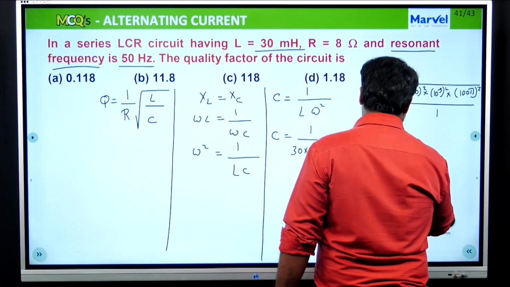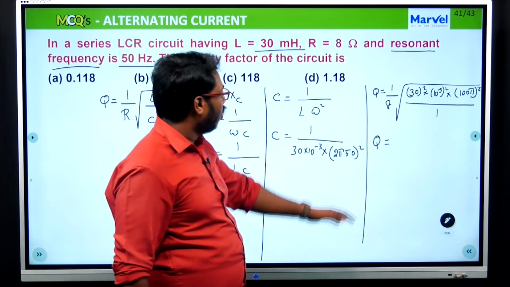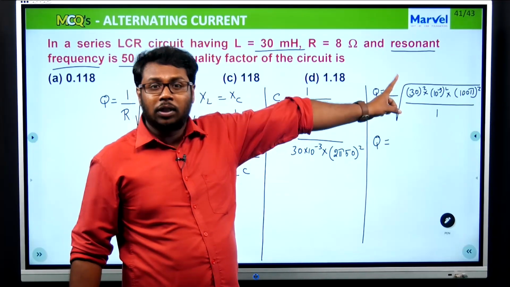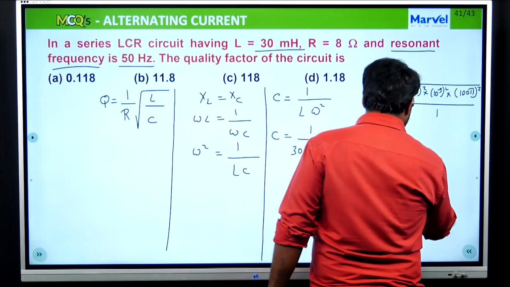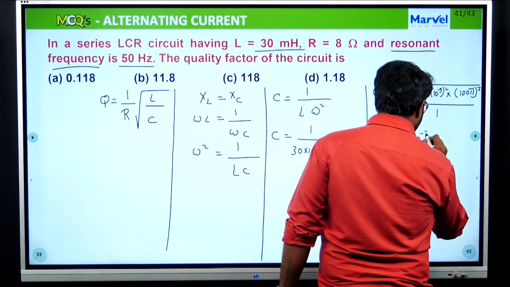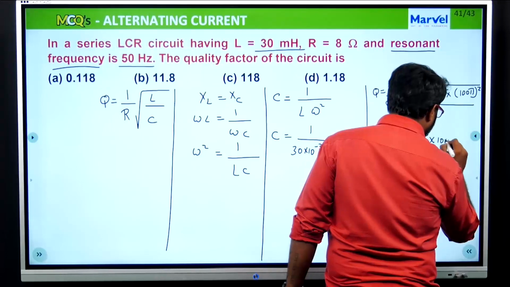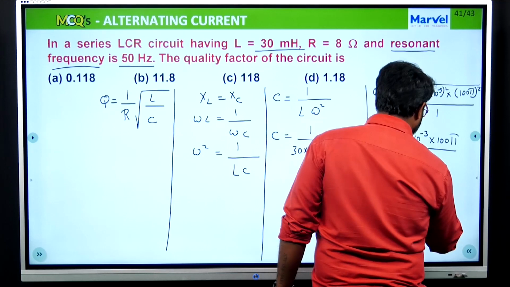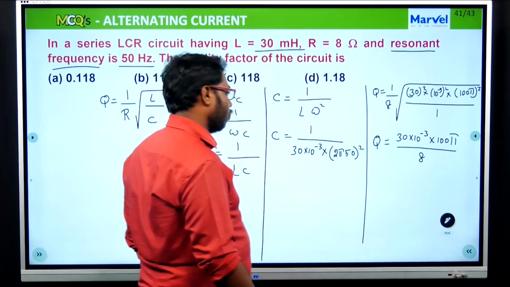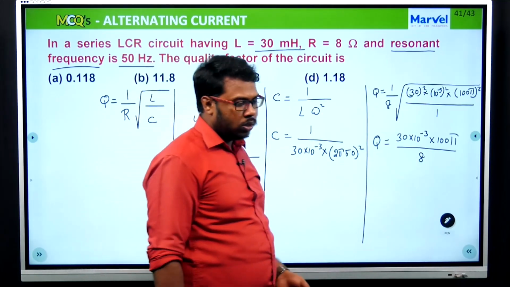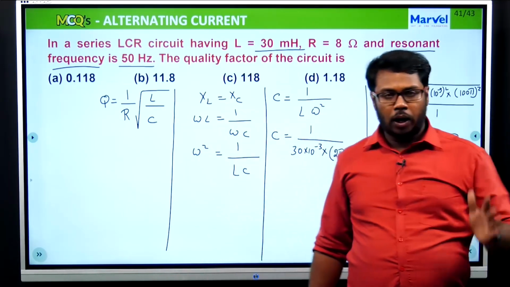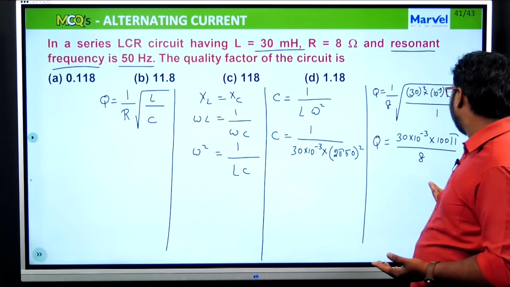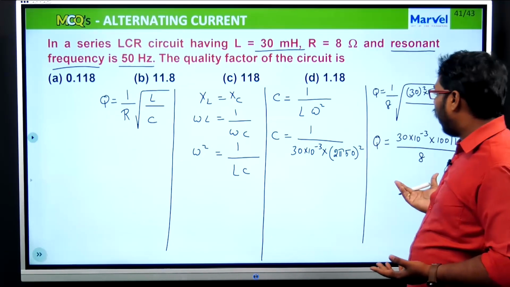So now all you have to do is pull everything out of the root, because I have carefully written everything with a square. So 30 into 10 power minus 3 into 100 pi divided by 8. Again you have to calculate everything by hand, and the overall calculation is pretty easy.